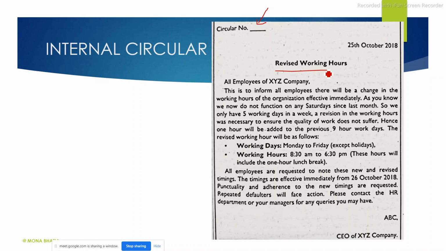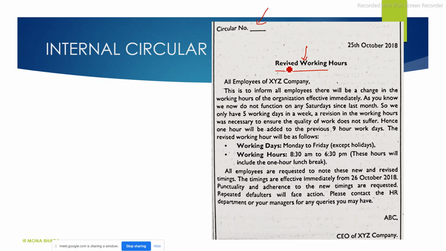Every time you cannot go and see the subject line कि किस बारे में है. Got it? So this is the format of an internal circular. You will write the date also, and you will write who is signing this. You saw this? This I have taken from the book only.